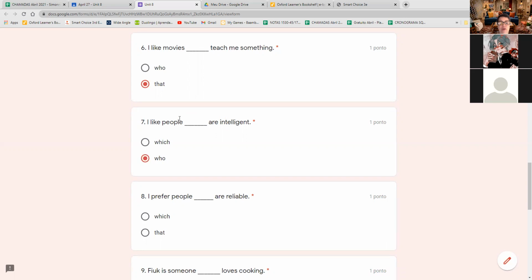And when I'm referring to people, I have to use who or that. I can use who or that. So here the option is who. I like people who are intelligent.